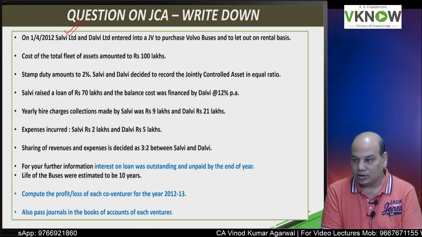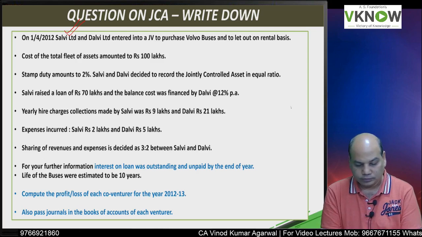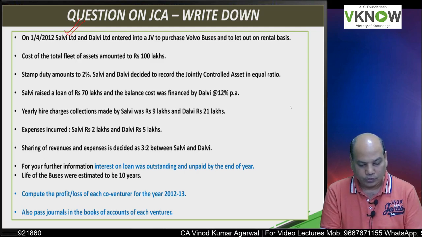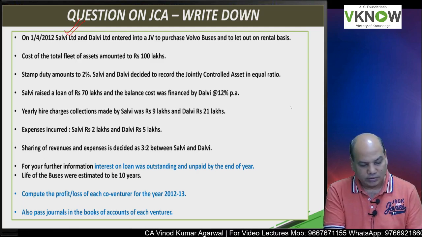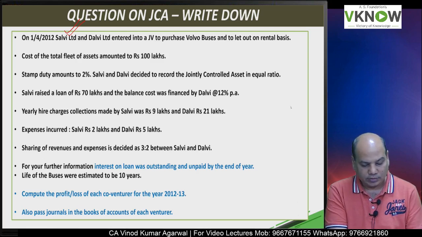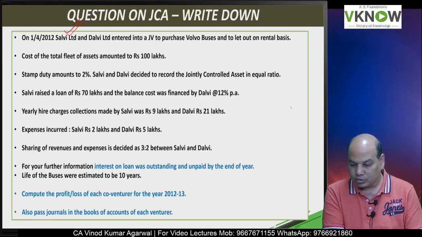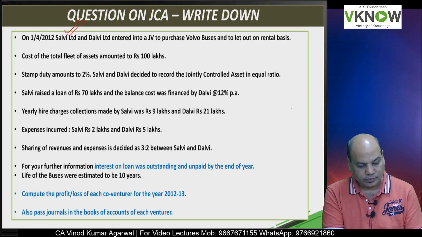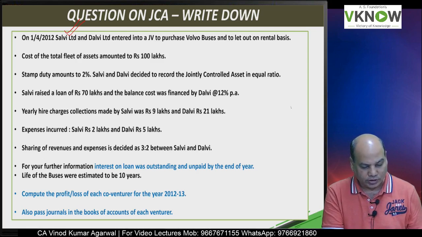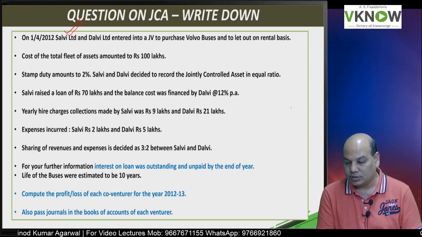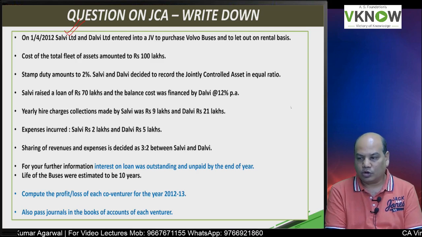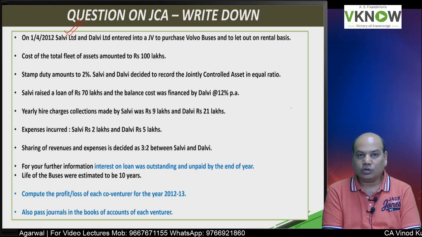Question, write down in the notebook. The question is not printed. On 1/4/2012, Salvi Limited and Dalvi Limited entered into a joint venture to purchase Volvo buses, and to let out on rental basis.